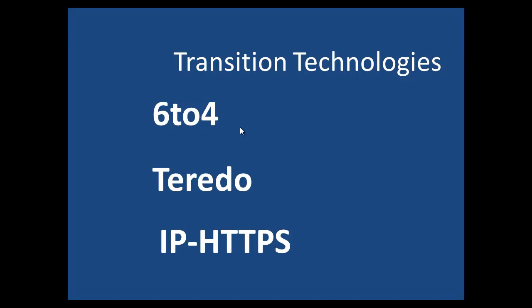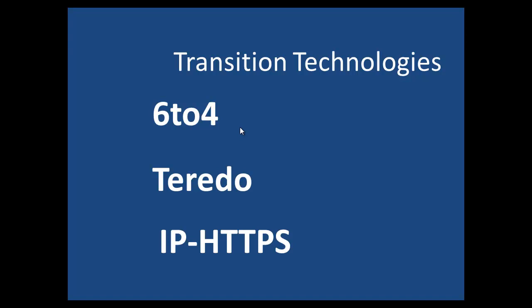And 6to4 achieves this by tunneling that IP version 6 data within the IPv4 header, in a technique that we call IP version 6 over IP version 4.